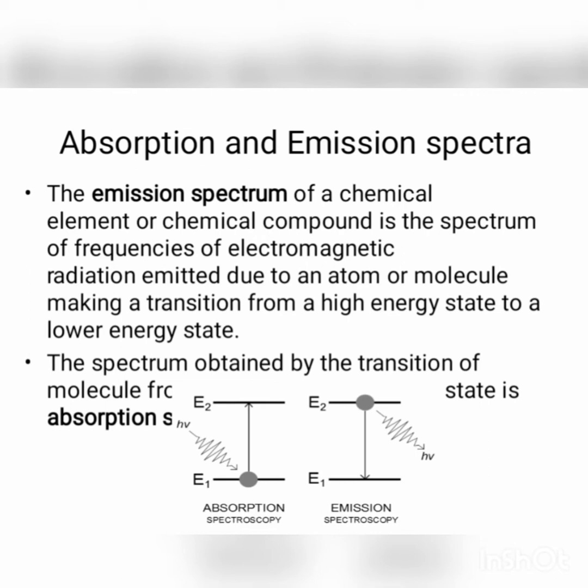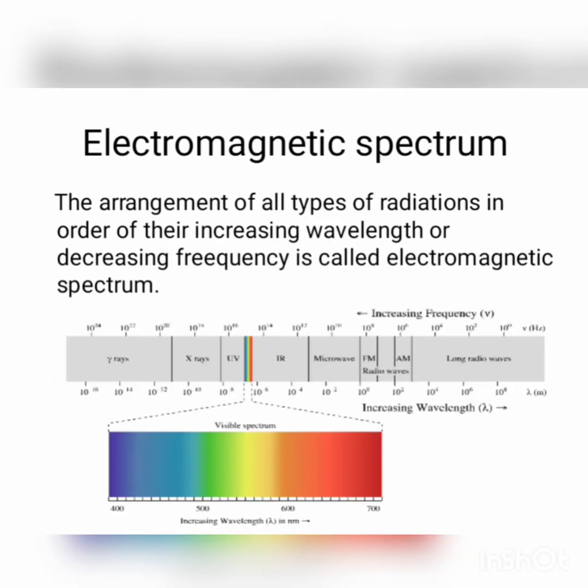So atoms and molecules move from the ground state to the excited state by absorbing energy, and that spectroscopy is called absorption spectroscopy. But in the excited state, it feels unstable and releases the energy and gets back to the ground state. Because emission occurs, that spectroscopy is called emission spectroscopy, and the spectra obtained is called emission spectra.